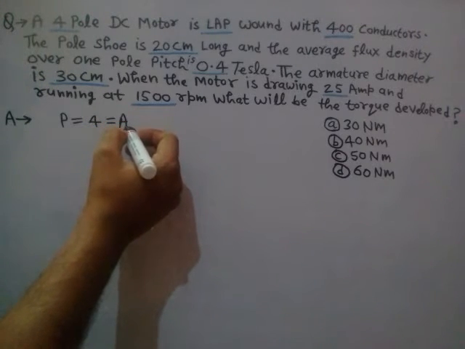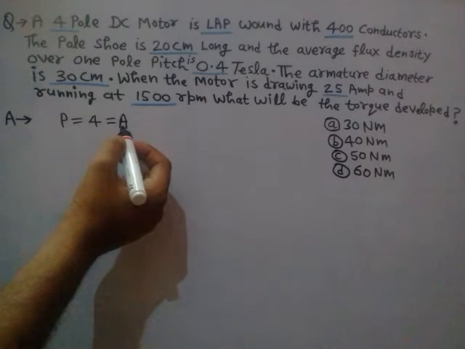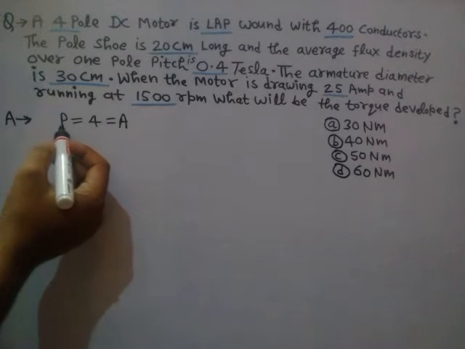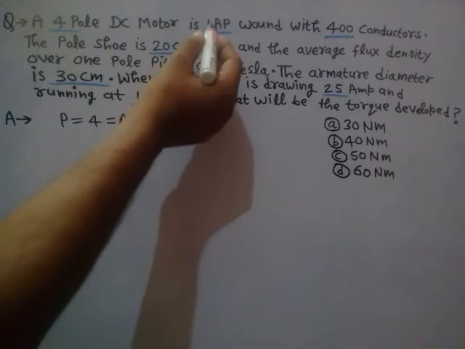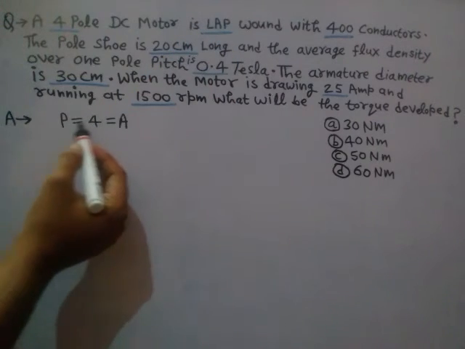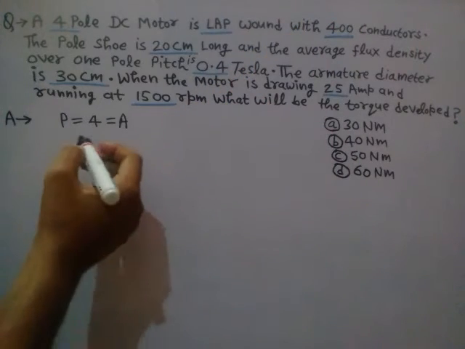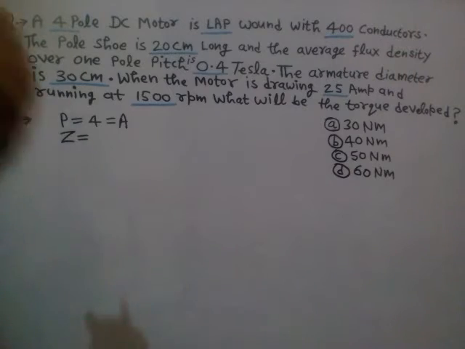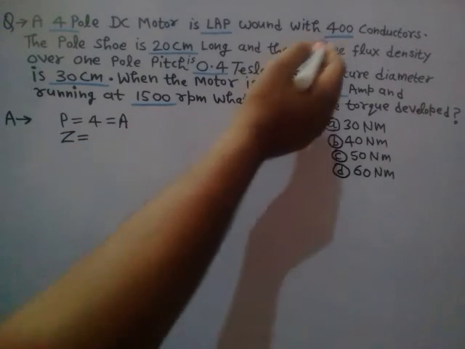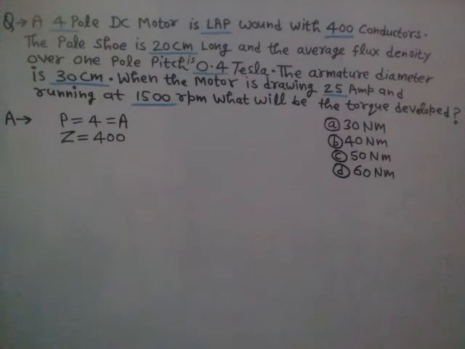Parallel paths are represented by capital A and poles by capital P. So P is equal to A; for lap connection, both are equal. So P is equal to A is equal to 4. Now there are 400 armature conductors. The number of armature conductors is represented by Z, and Z is equal to 400. It is given in the question.